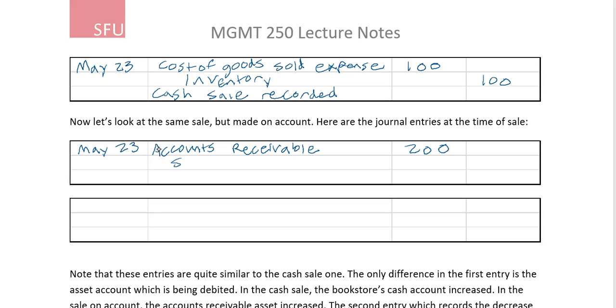Our credit is still the same. And for description, I'm just going to go ahead and write down sale on account.